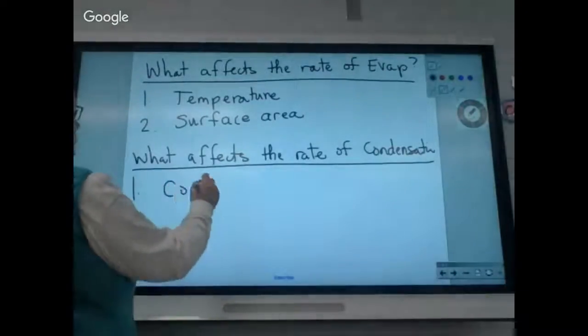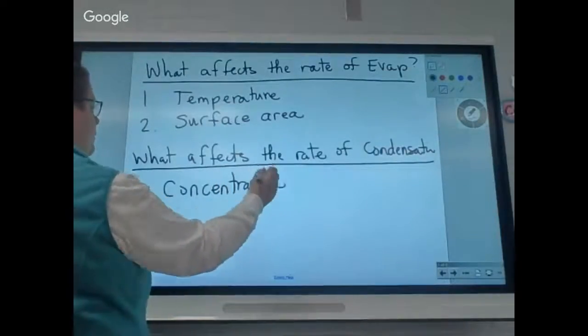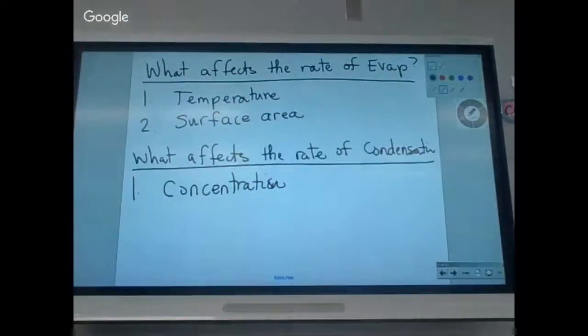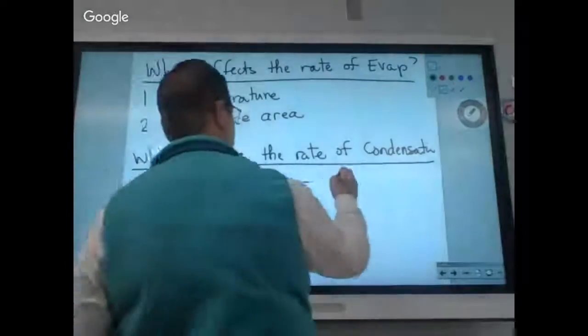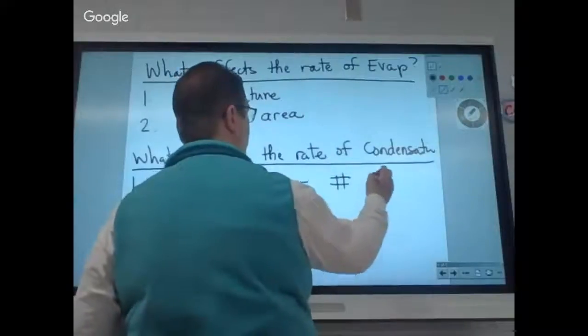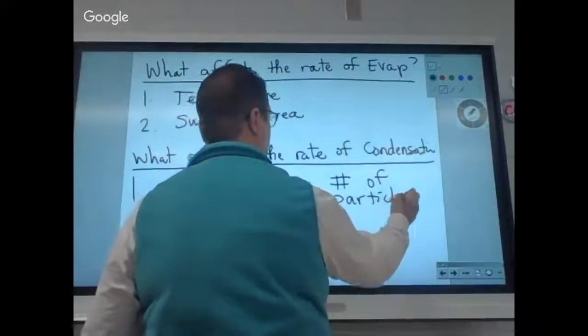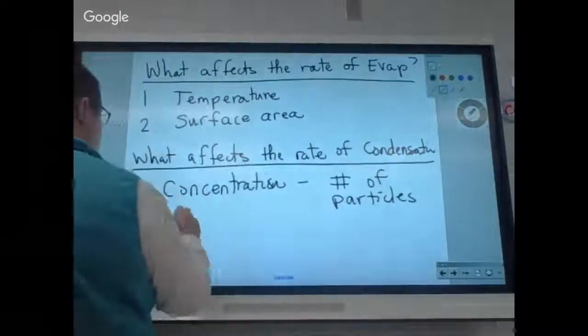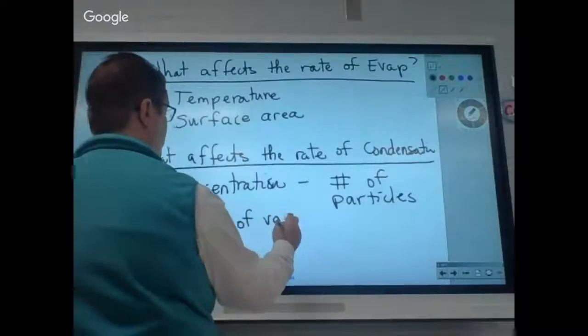It's called concentration, but I wasn't looking for you to tell me that word. I was looking for you to say something like how many gas molecules. Okay? It means the number of particles. All right, for us, it's the amount of vapor.